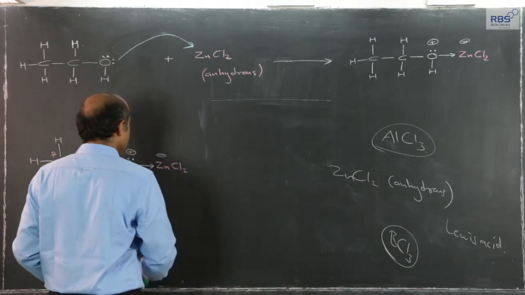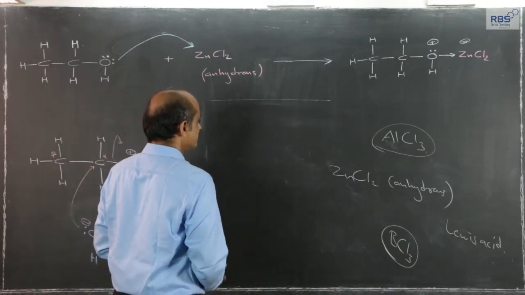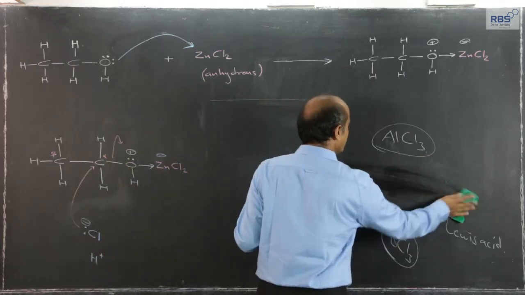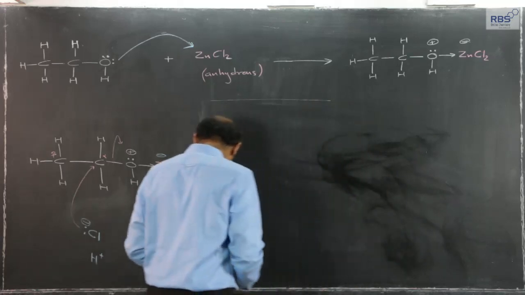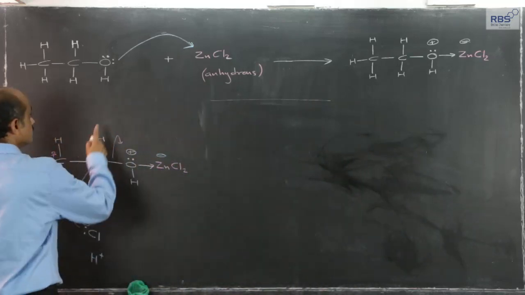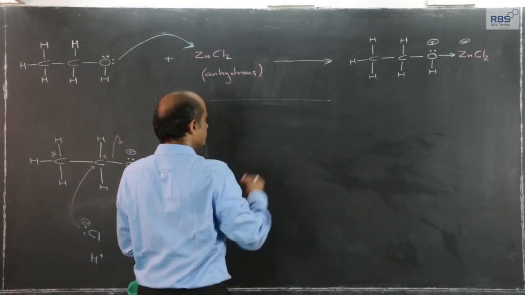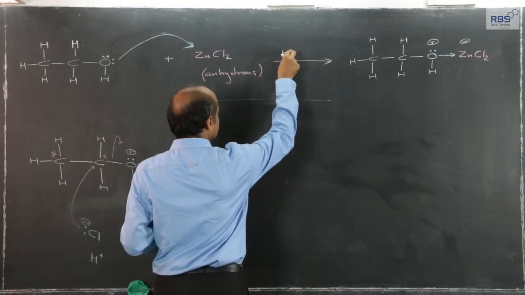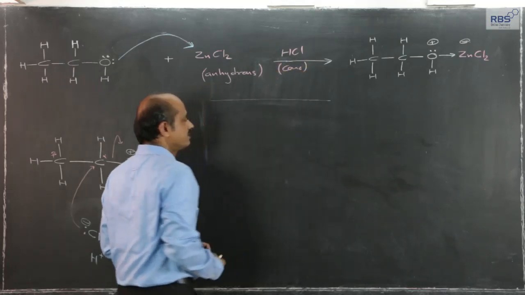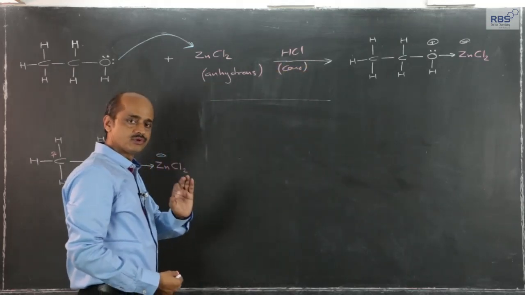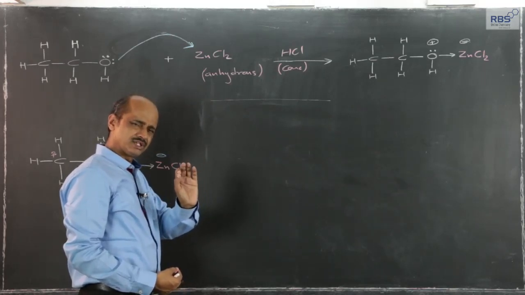And how the use of anhydrous ZnCl2 is necessary and how it helps, let us consider step by step. Here anhydrous ZnCl2 and HCl is there, HCl concentrated, I will write it on the arrow. Concentrated we should write deliberately because then very little water is present, so that very few free H plus ions will be available along with Cl minus ions.